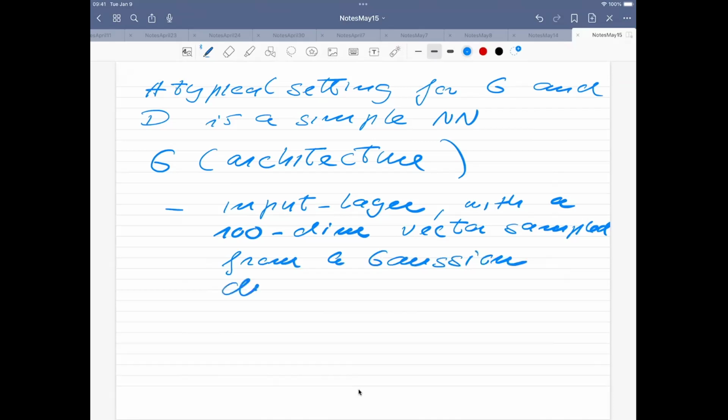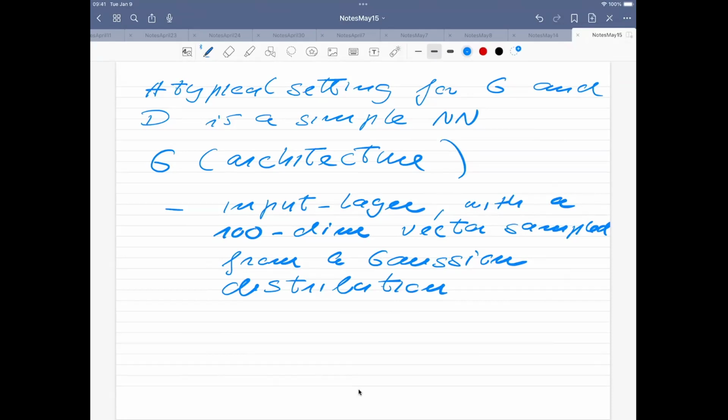Now, the example which we have in the slides for this week deals with the MNIST data. So what we could do now is let this pass through different hidden layers. At the end, we produce a figure which has a dimensionality corresponding to the MNIST data. If you remember, a typical MNIST image was 28 times 28 pixels.